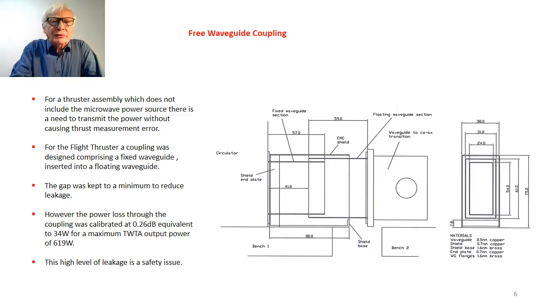Here we see a drawing of the free waveguide coupling, and you can see that it is in fact a custom-built device comprising a fixed waveguide section which is mounted on a brass base plate, and the fixed waveguide section is inserted into a floating waveguide section, which is then fixed to a waveguide to coax transition.